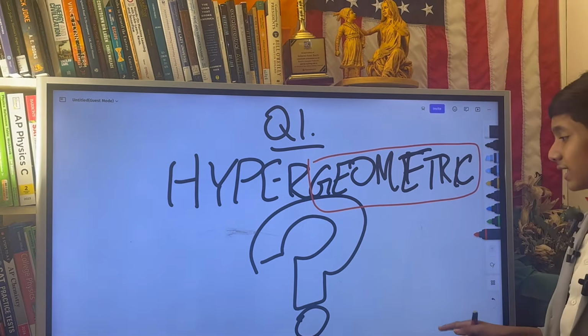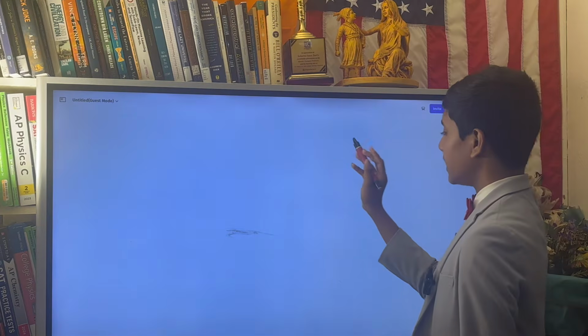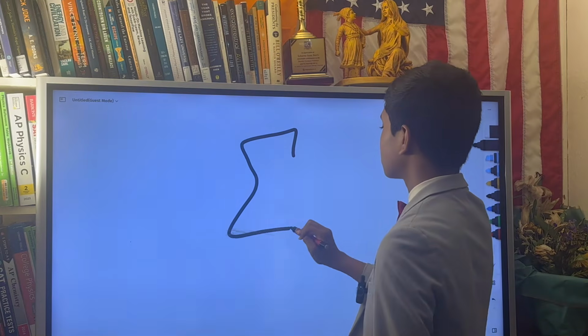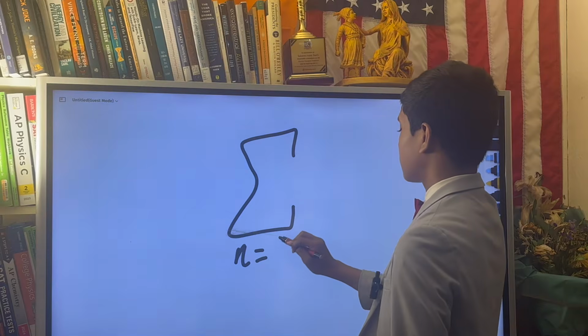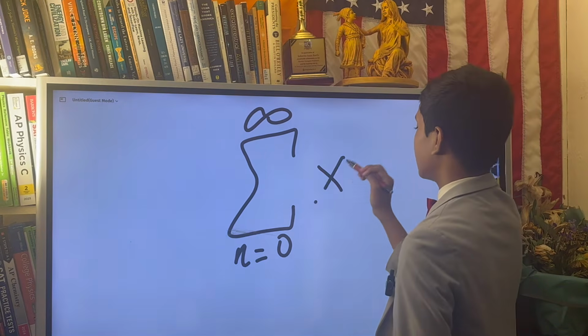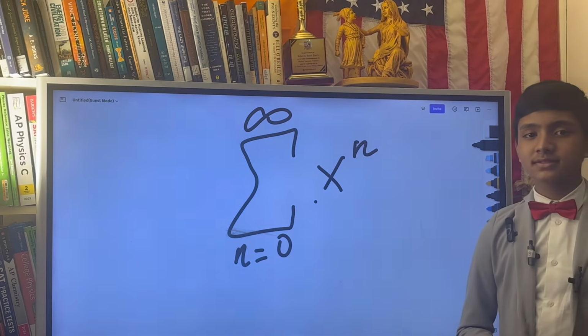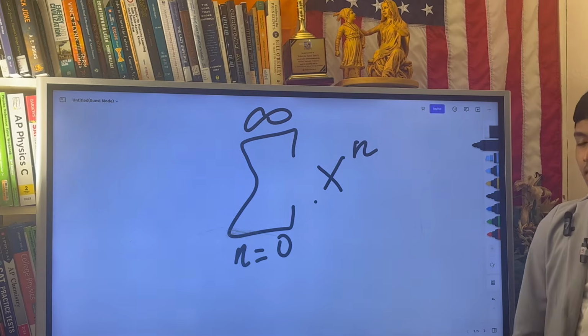Now, recall that a geometric series is the infinite sum of x to the n, where we're summing over n, the index. And that's pretty much it.